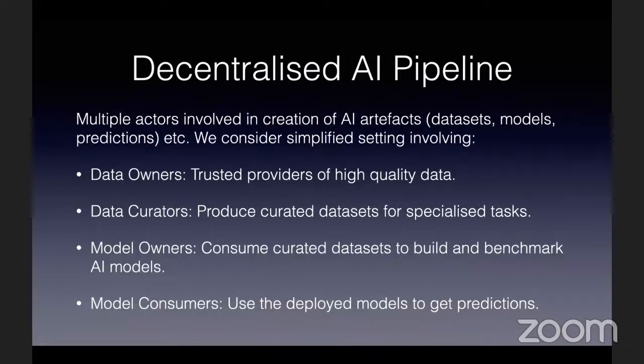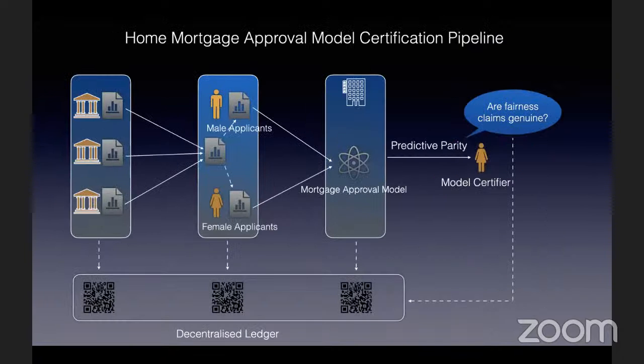Finally, there might be organizations which consume these curated data sets to build and train their models, and also to benchmark their models. And at the end of the chain, there are model consumers who use these deployed models to get predictions. This is roughly the partitioning, as we'll see in the figure here.